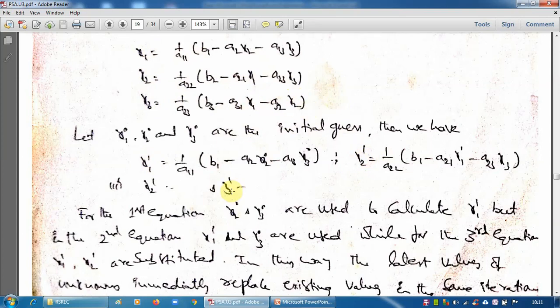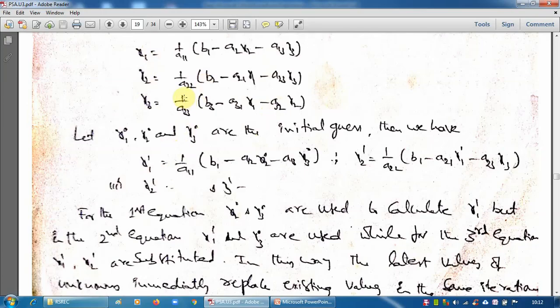Substitute these two, x1 1 and x2 1, and calculate x3 1, the third variable also. So by substituting fresh values, and for the old value, that means the initial value, calculate all the three variables like this. This constitutes one iteration. This is known as one iteration.